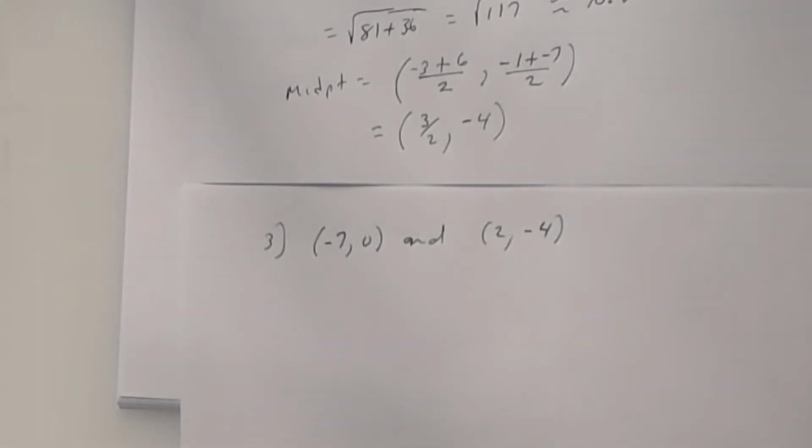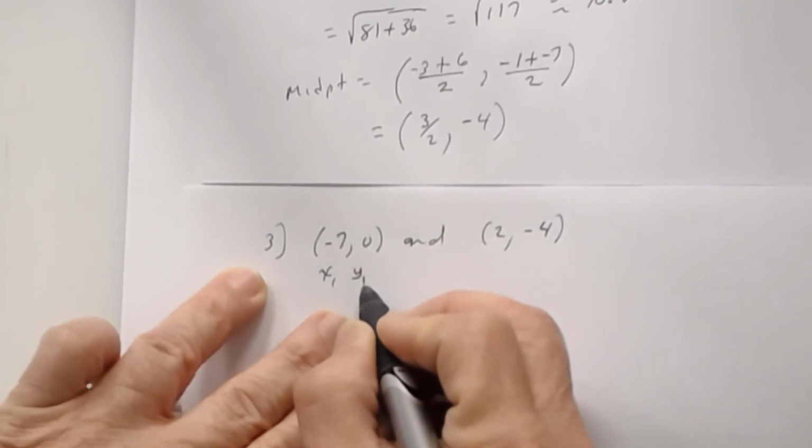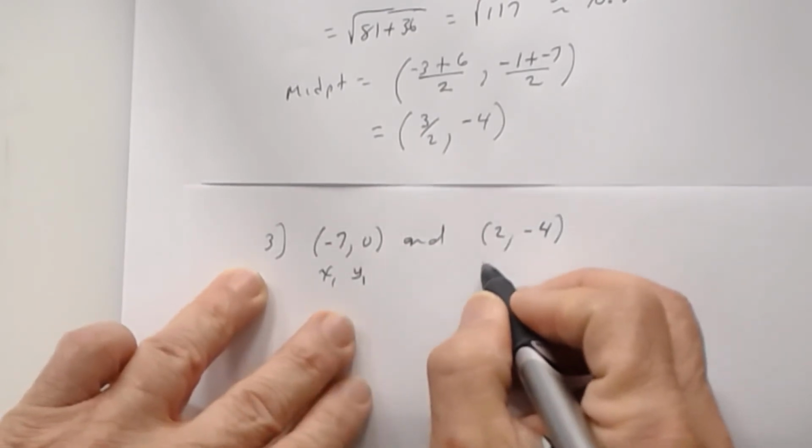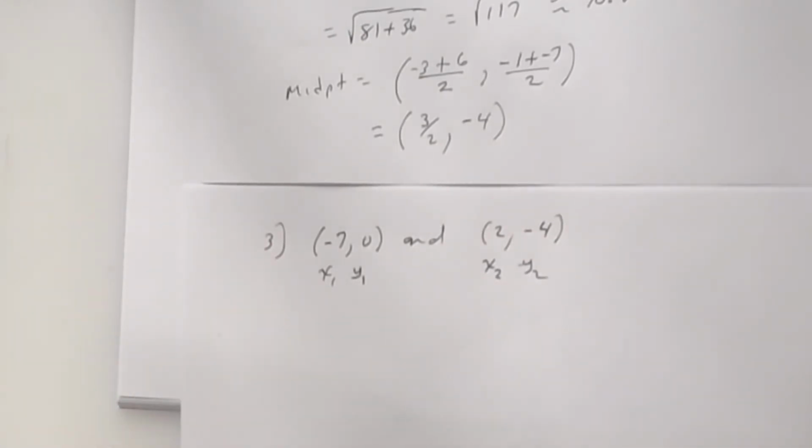Again, you want to find the distance between those 2 points, and you want to find the midpoint between those 2 numbers on that segment. Before you put things into the formulas, you should do what first? Label. So x1, comma, y1. Then the next one will be x2, comma, y2.